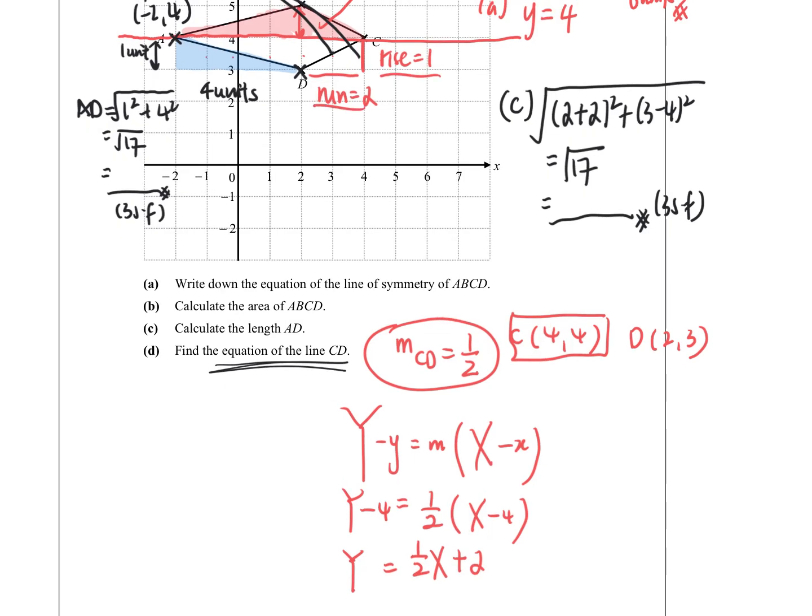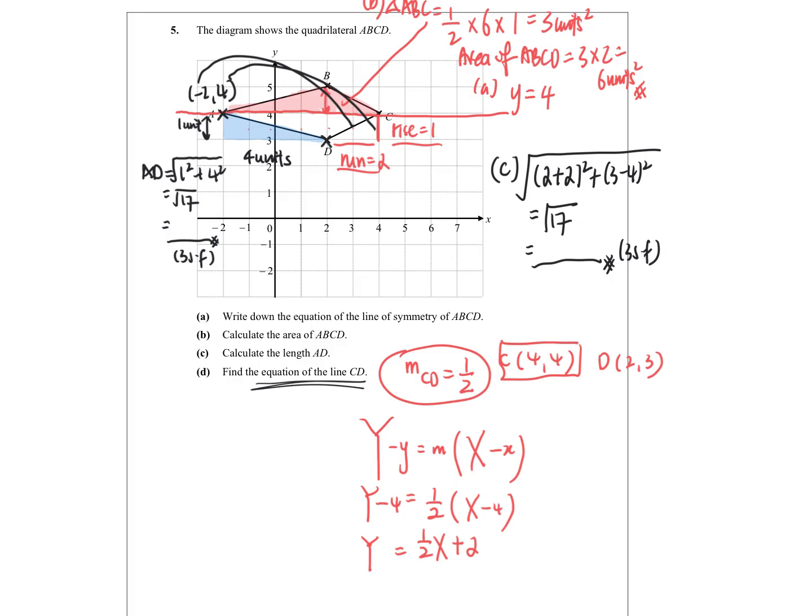Wait, Miss Wang, is it under there? This is the line CD, right? So the rise is 1 unit, the run is 2. So the gradient is half. Because it's on the grid, there are many things you can do. So this is your equation of the straight line CD.